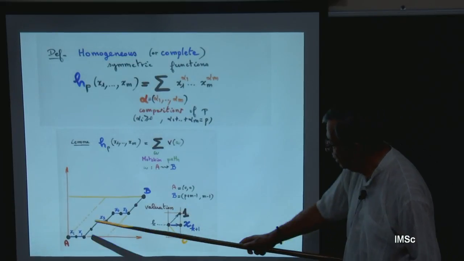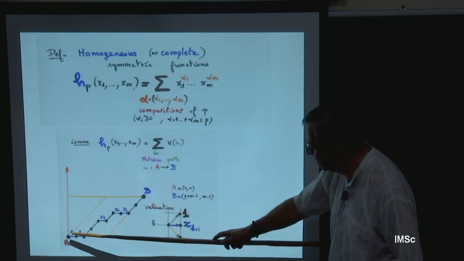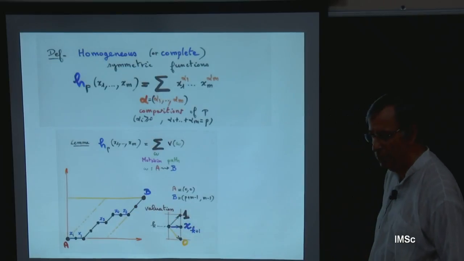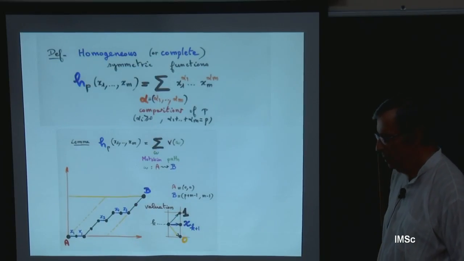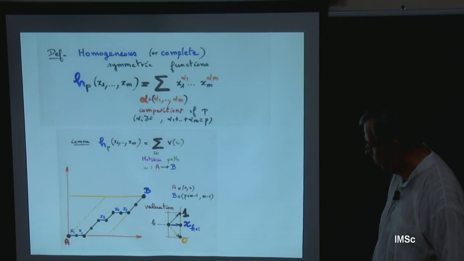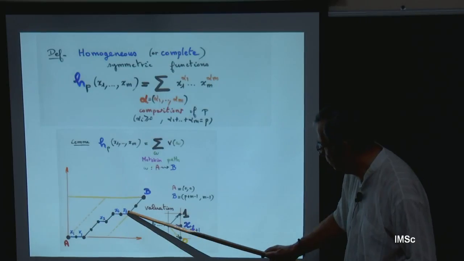And you see that to any such monomial, you can always define bijectively a certain path. Like this, with repetition of letters x1, x1 squared, x3, x4, x4.